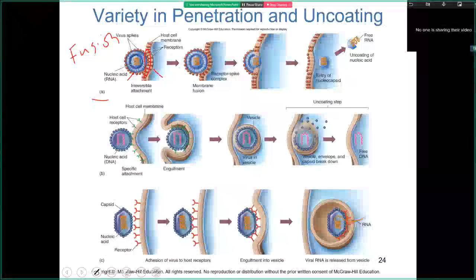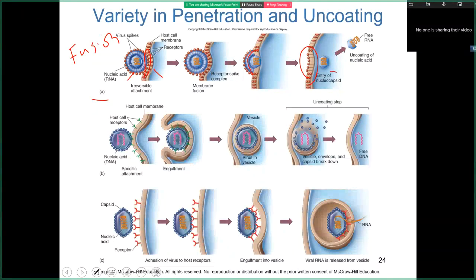And here then you've got this merger of the envelope and the host cell's membrane. They're coming together, and here it is complete. So you see a little chunk of the envelope now jammed into the host cell membrane, and here's the capsid free of any envelope. So then uncoating takes place from there.